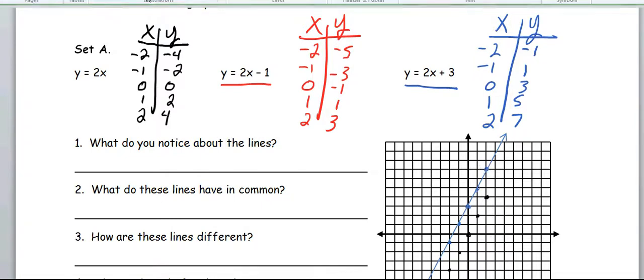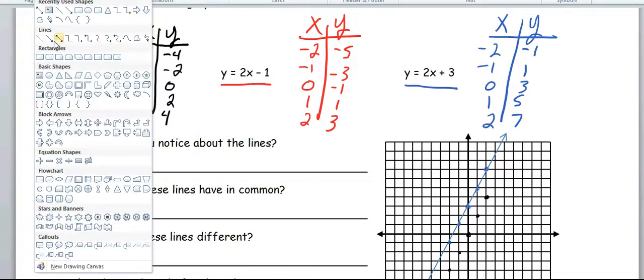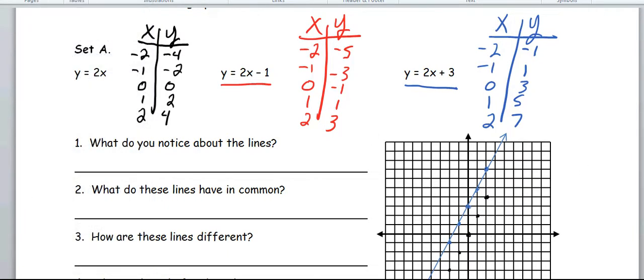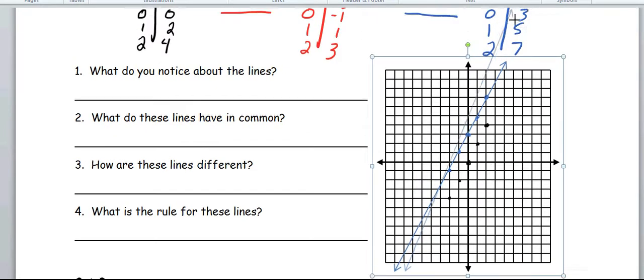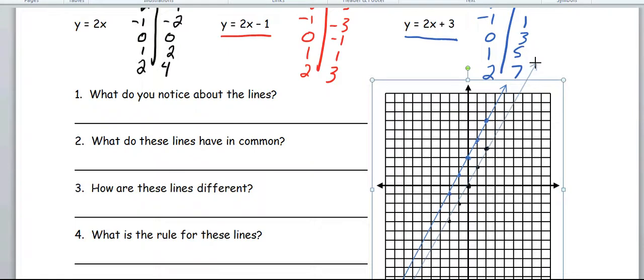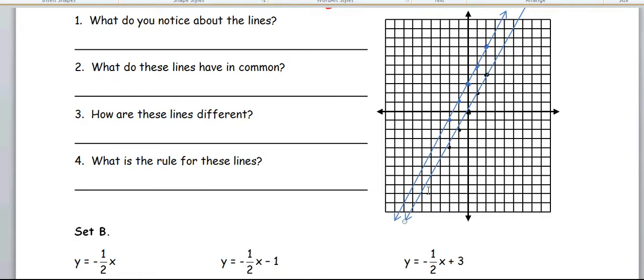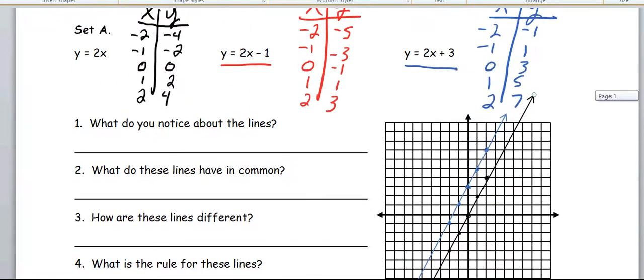And let me put in a line for that one. Let me see if I can fix that line. It isn't quite straight. It didn't quite go through all the points like it should. There we go. Let me make it black. There we go.